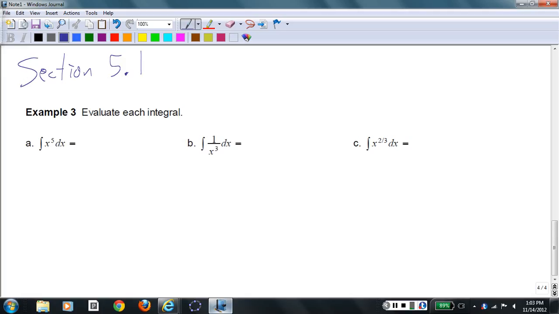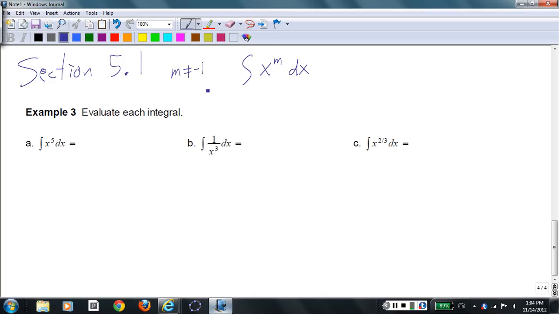evaluate each integral. Now in each of these we're going to use the so-called power rule for integrals, or power rule for computing antiderivatives. See if I'm careful with the details here. If we want the integral of x to the power of m dx, I need for m not to be equal to -1.